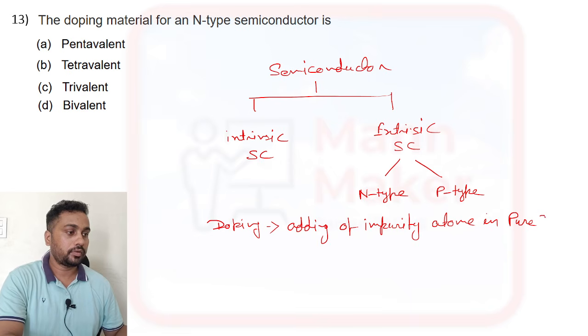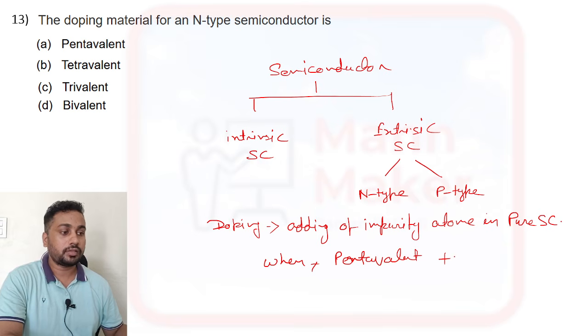So when a pentavalent atom is doped into a pure semiconductor, it is called an n-type semiconductor.